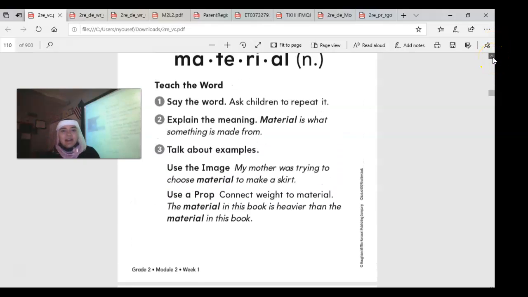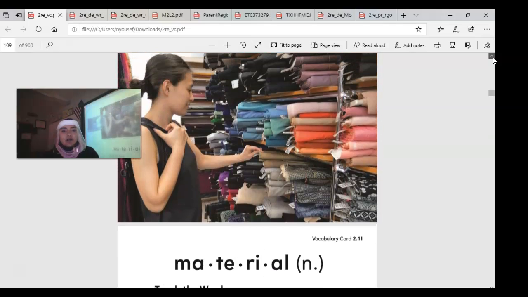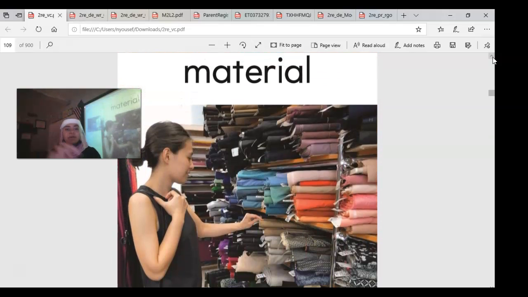Who thinks they know what material is? Raise your hand if you know what material is. Dustin? Good. Maybe the things that you buy, the material that you bought.